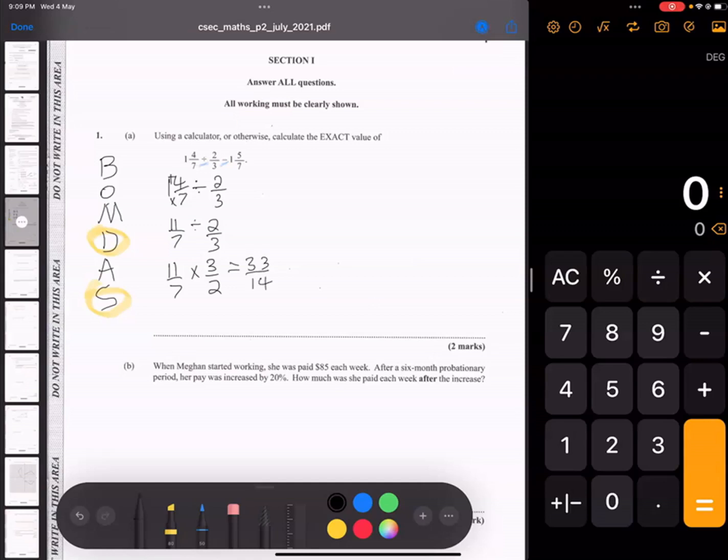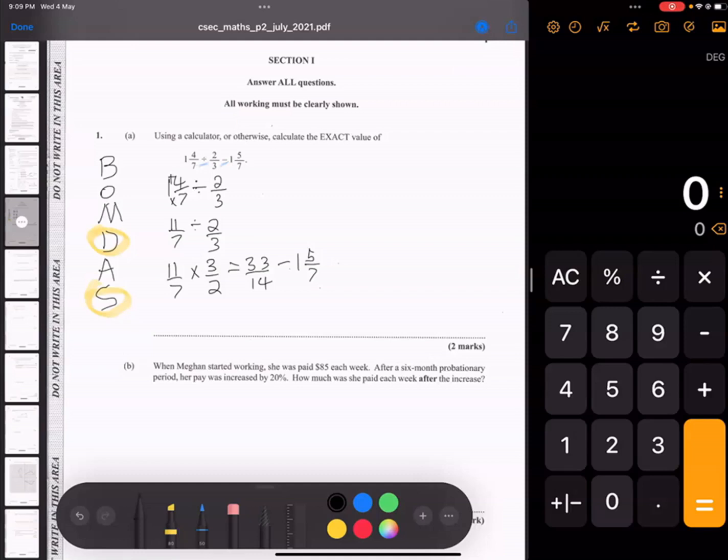All right. So now we can proceed with subtraction. To make things a little bit easier, we're also going to change this mixed number 1 and 5 over 7 to an improper fraction.